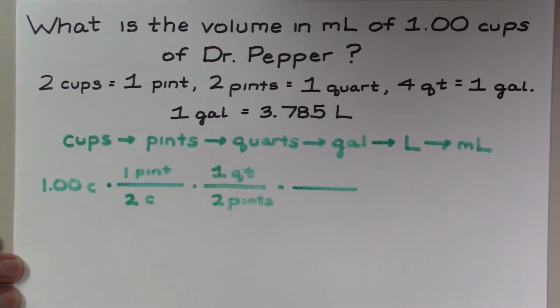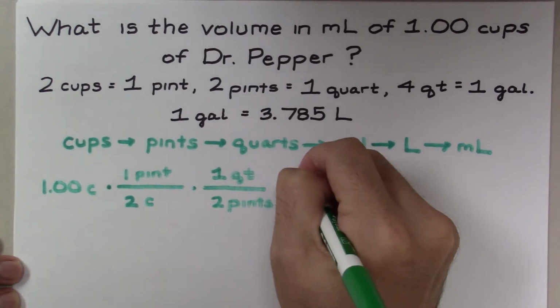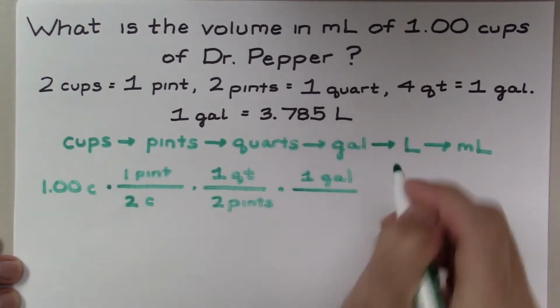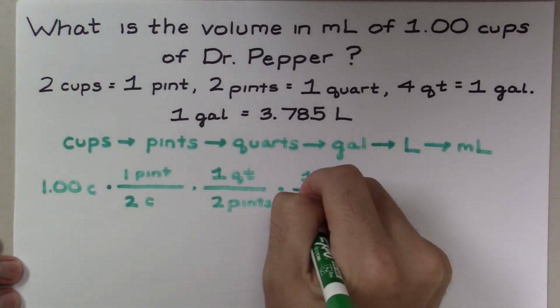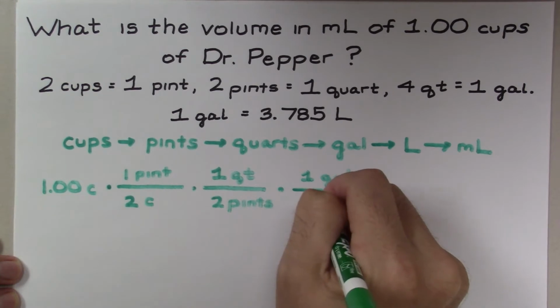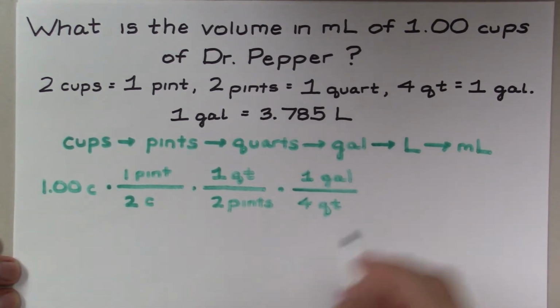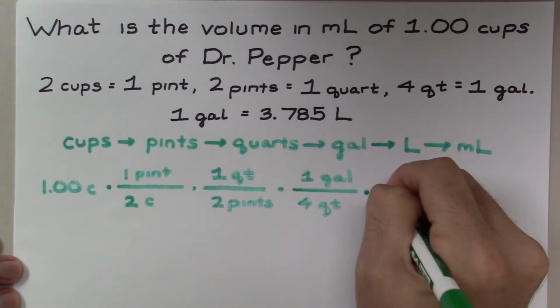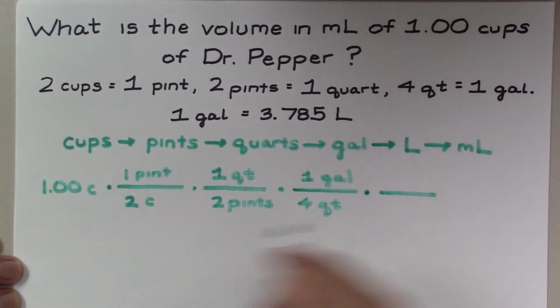Once we've done this, we will now go to gallons. So we have our 1 gallon in our numerator over our 4 quarts. This will hopefully get us to eliminate our quarts in our units. Now we will go to our metric units of liter.